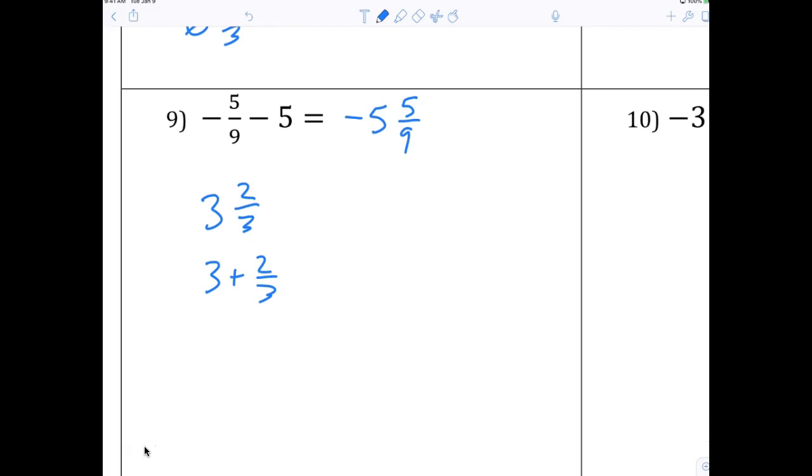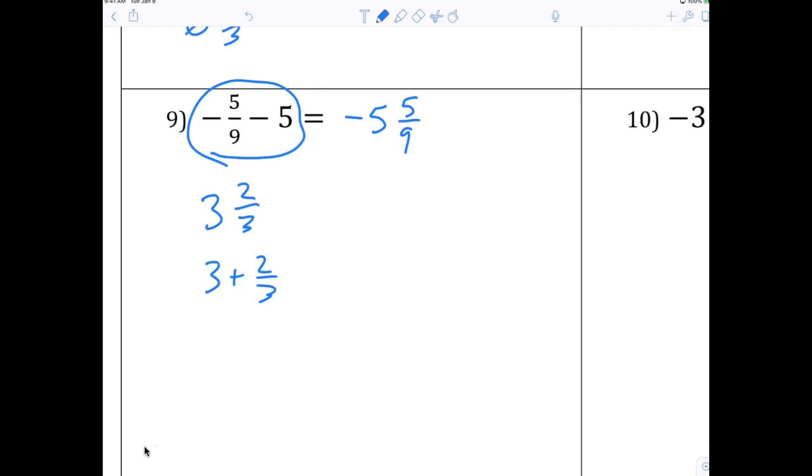The only time in which an operation is not seen and it's something other than multiplication is in this mixed fraction. 3 and 2/3 means 3 plus 2/3. So if I say negative 5 and 5/9, or negative 5 and negative 5/9 together, that's just negative 5 and 5/9.